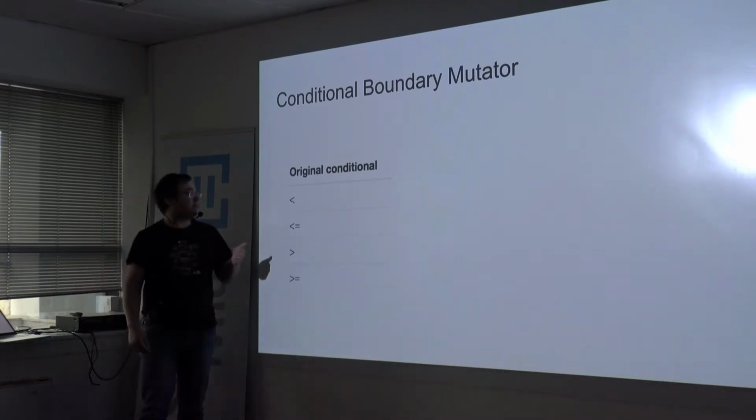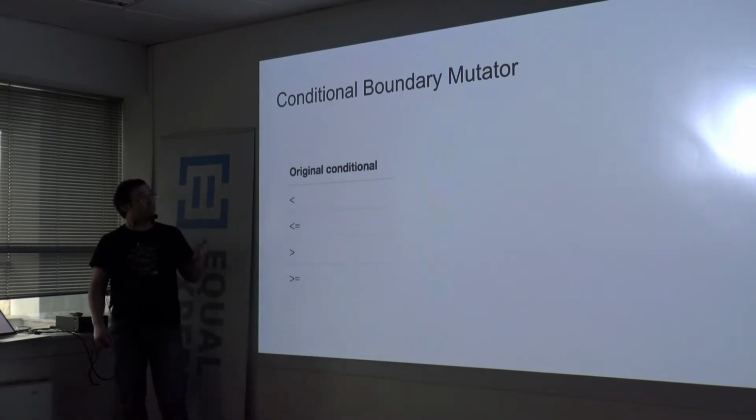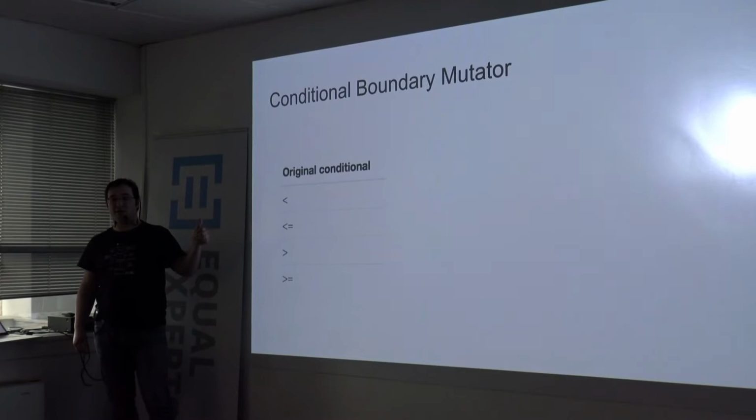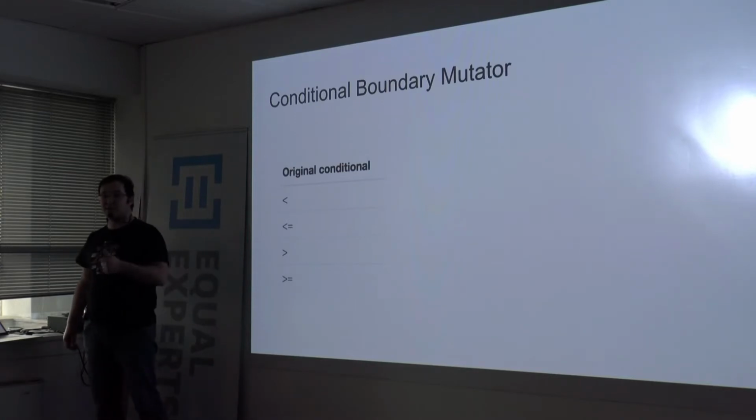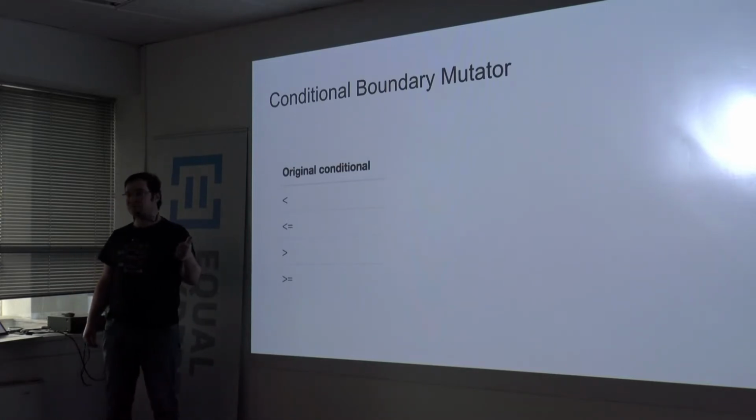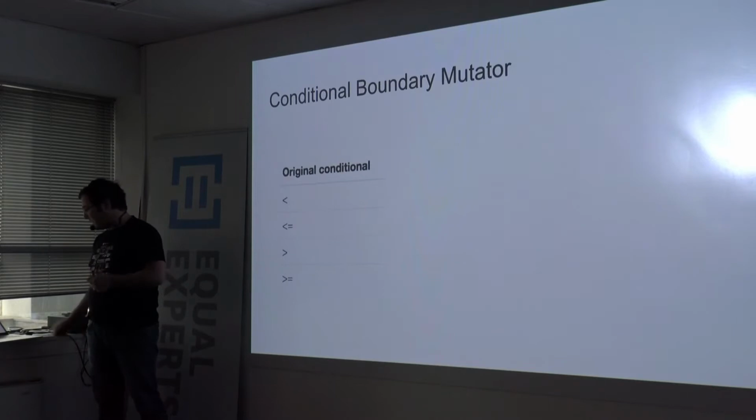So, a couple of examples of different mutations. This is pretty much common to all the mutation testing tools out there. I will be focusing my demonstration later on PIT, which is for the JVM, but you will find exactly the same types of mutations on JavaScript, Scala, etc. So there we have conditional operators.